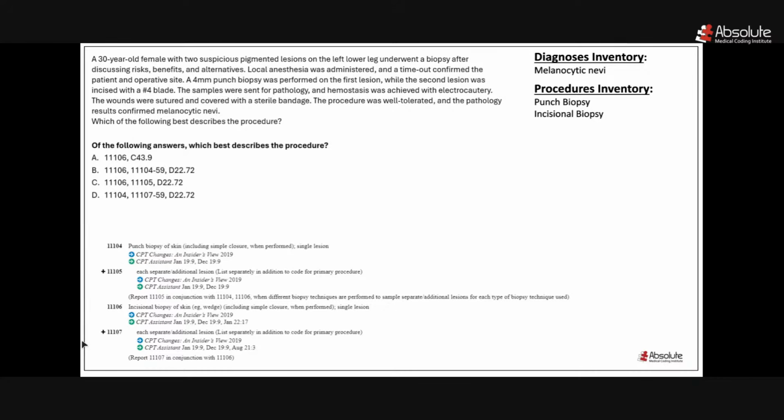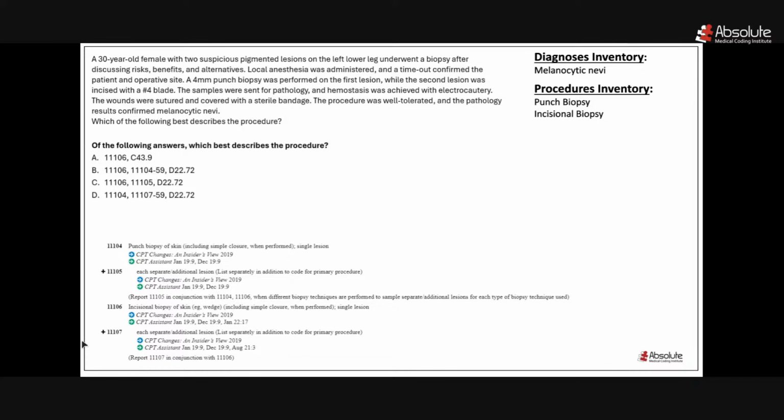The first lesion was biopsied using a punch biopsy, and the second was biopsied using an incisional biopsy. So there are two types of biopsy performed, and we all know that when two different types of biopsies are performed, you have to code for them both, right?